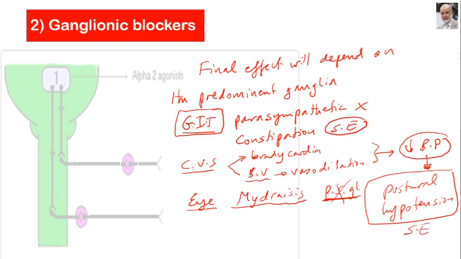Okay. They also block the parasympathetic innervation or parasympathetic activity to the venous system, and they produce failure of penile erection.